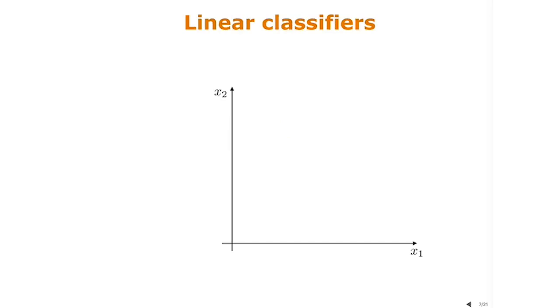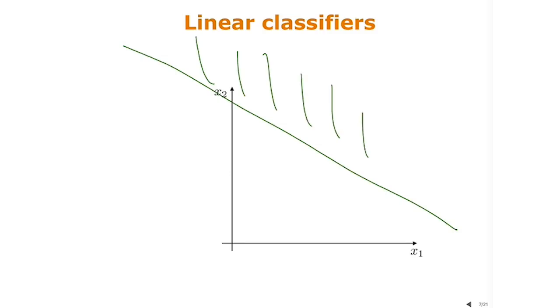All right, let's try to understand the set of linear classifiers. In particular, let's take a specific linear classifier. It divides the space into two halves linearly. So on one side, the classifier says that all the examples are positive, and on the other side, they are labeled negative.